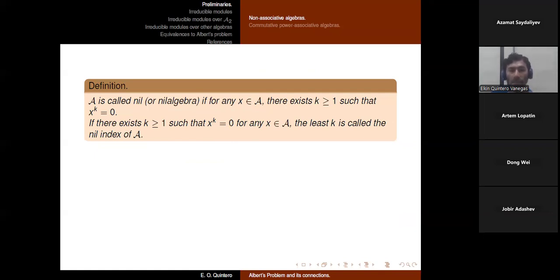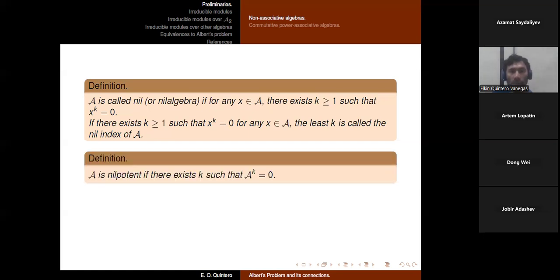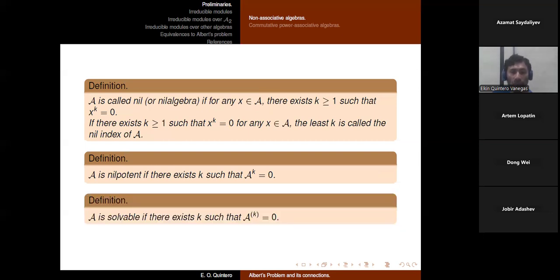And if there exists a general k such that for any x, x to power k is 0, the least such k is called the nil index of the nilalgebra A. We will say that A is nilpotent if there exists some integer k such that A to power k is 0, and the algebra is solvable if there exists some k such that A to power parenthesis k is 0.